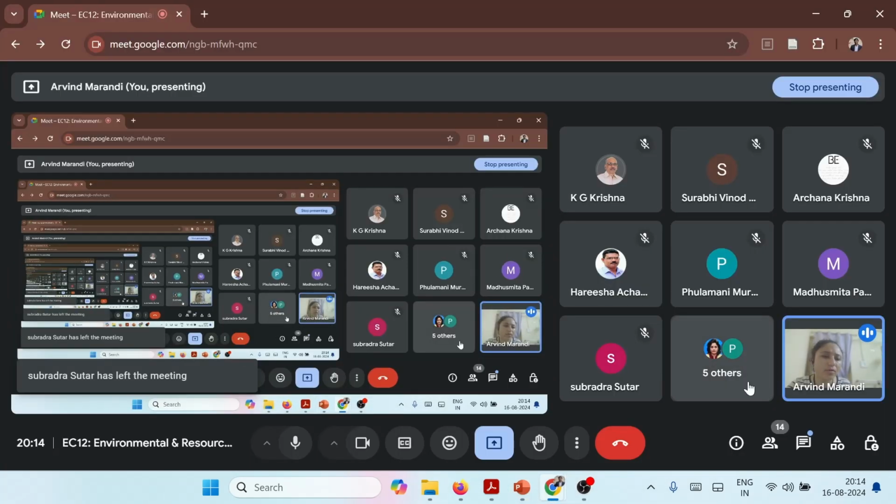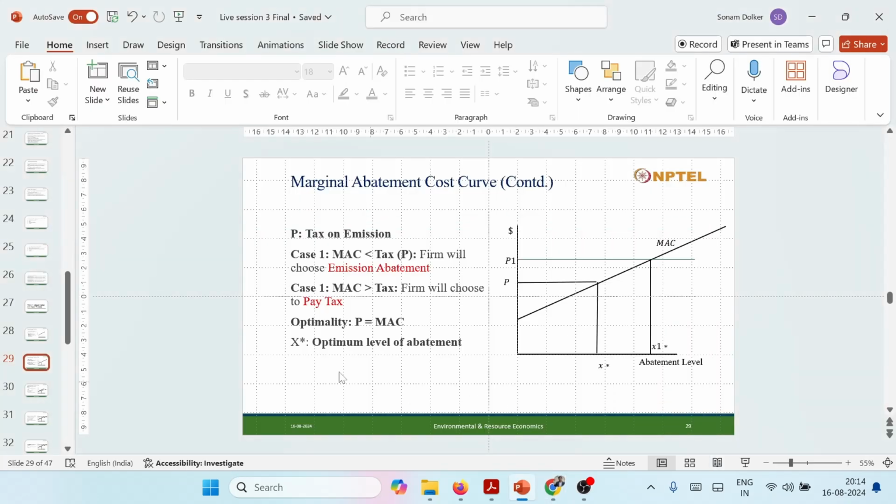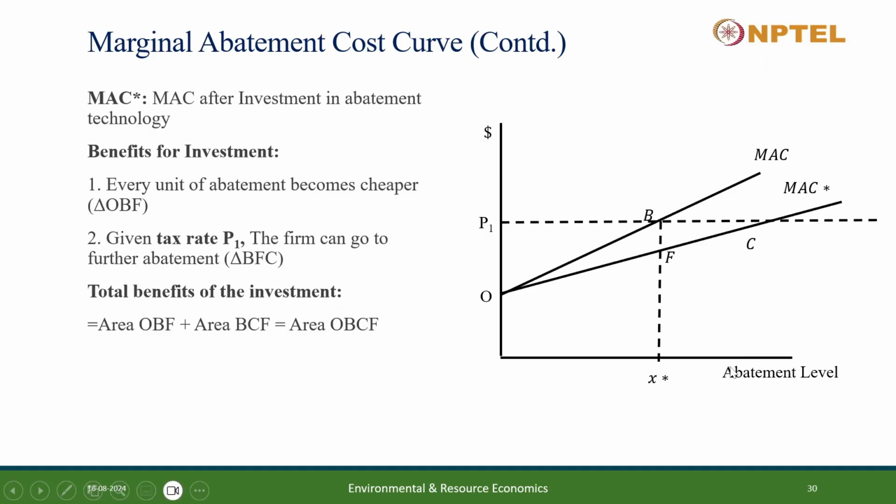Vinod, Surabhi, am I clear? Yes, ma'am. Okay, so that is how the marginal abatement cost curve and emission tax work.